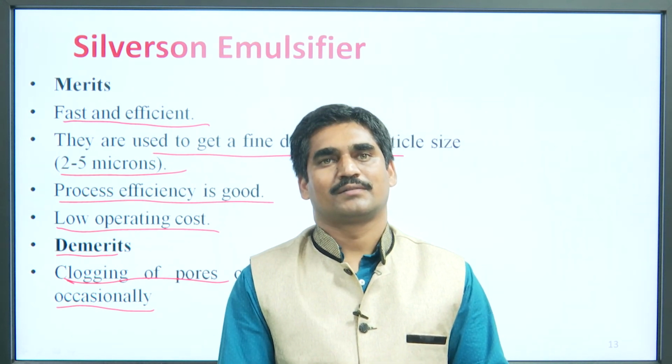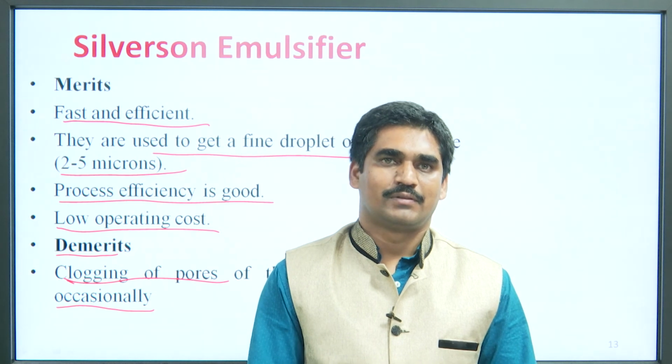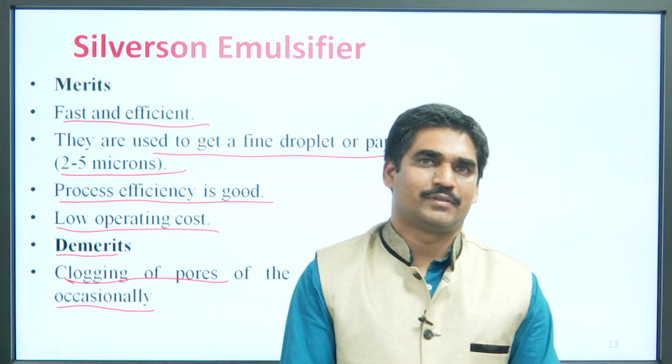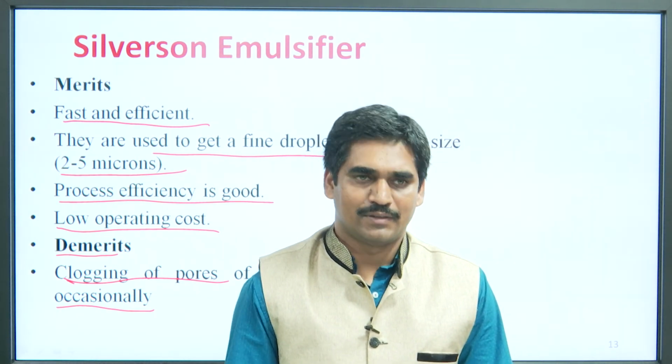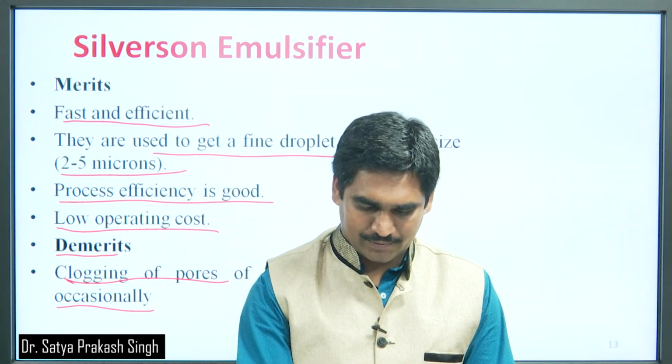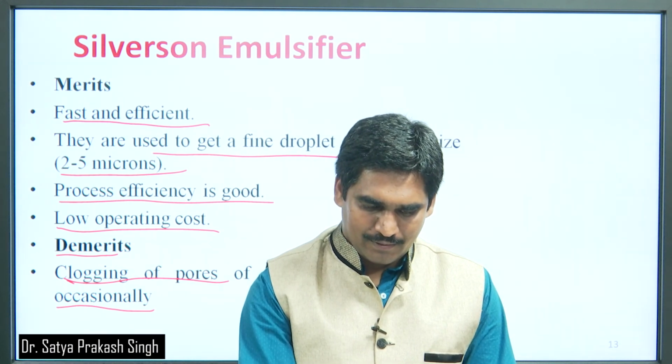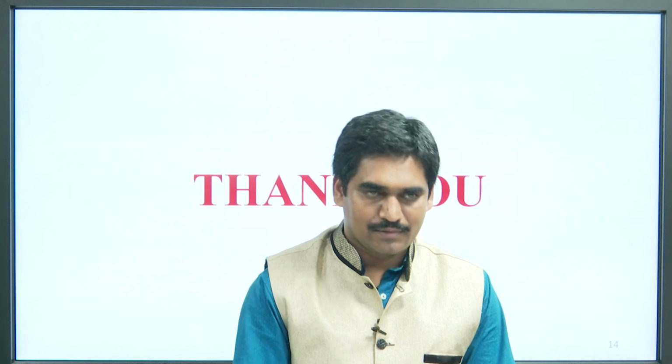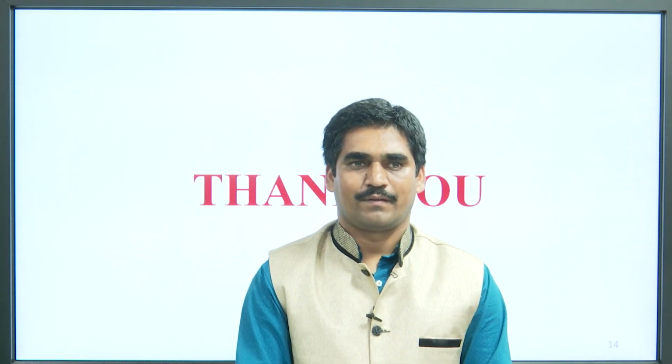In both these mixers the operating cost is low and fast and efficient mixing can be achieved by using these types of mixers. So, this is all about these mixers. Thank you.